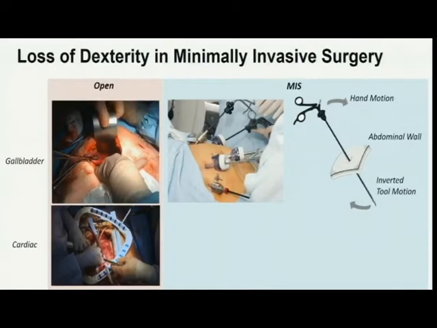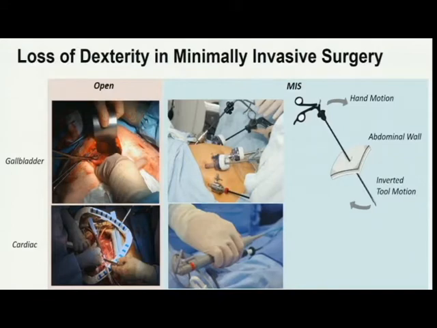In cardiac in particular, there are still open chest procedures. I'm going to talk today about a procedure for cardiac ablation, which used to be done open, and nowadays is done through a minimally invasive port. I would argue this is even more challenging from a dexterity and manipulation standpoint. This is the patient's thigh. You essentially thread this little catheter device in the thigh, it goes all the way up the vasculature into the heart, and you've got this long noodly looking thing that you steer on the outside.